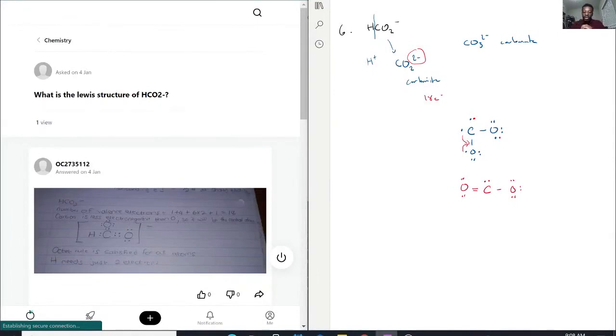So with this being said, now let's make sure we have the right formal charges, because this will help us determine where we put the hydrogen. Let's start with the oxygen on the left, or it doesn't really matter. This will be the neutral formal charge for oxygen: 2 bonds and 2 lone pairs.